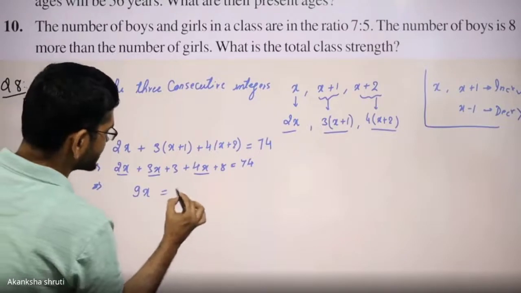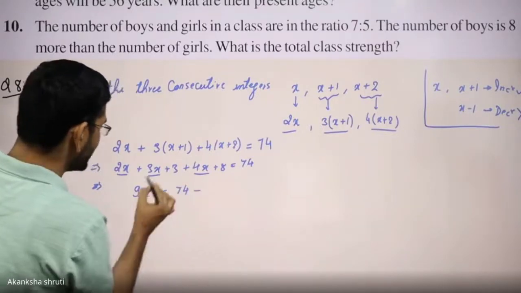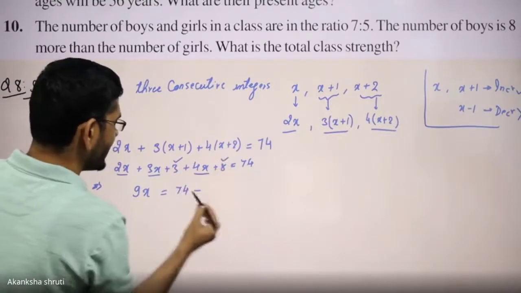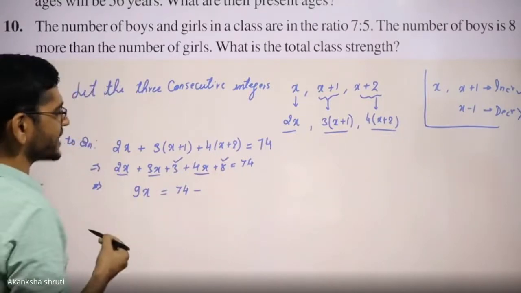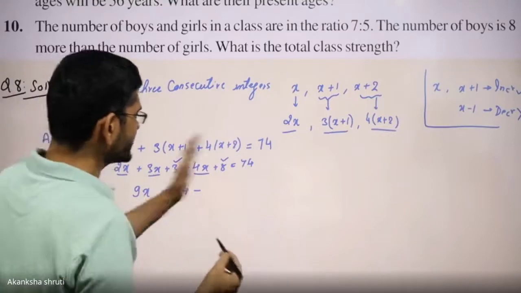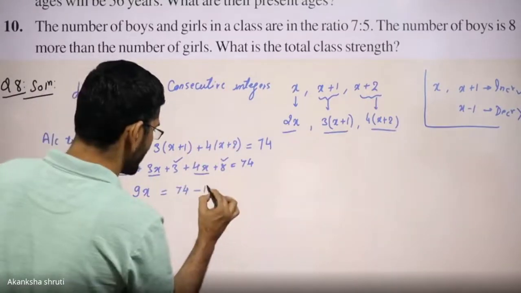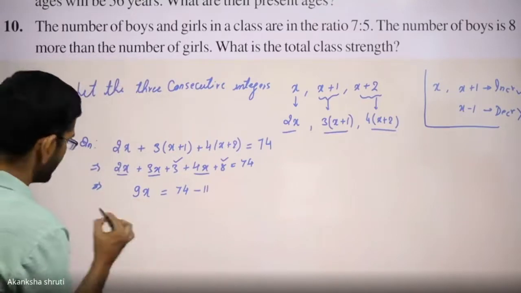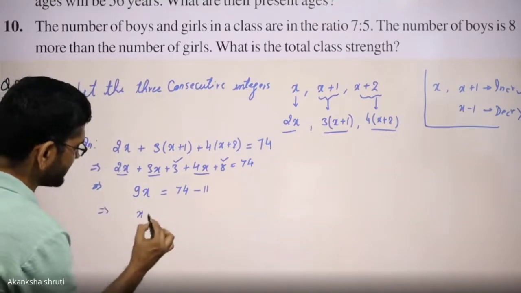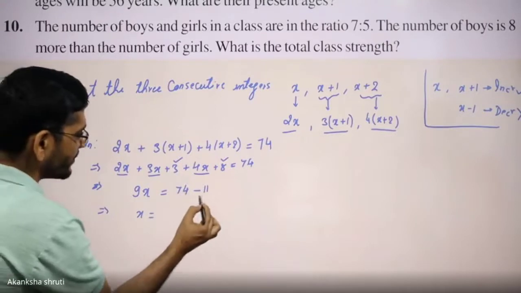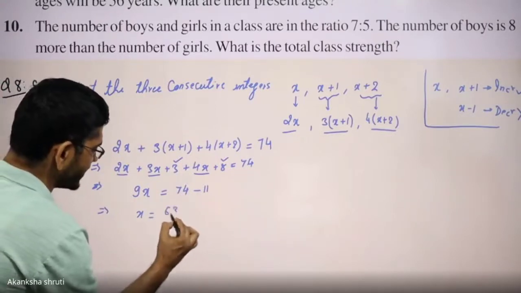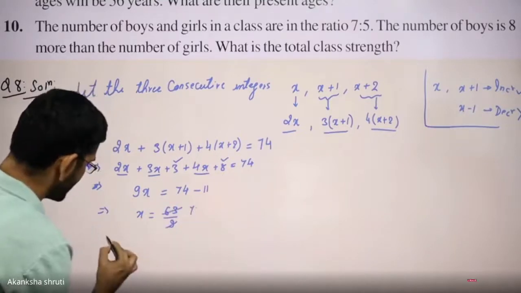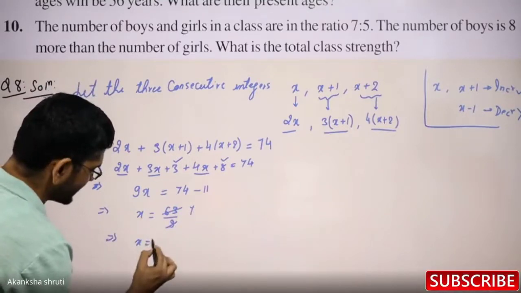And the right hand side is 74 minus this 3 plus 8, that is 11. So 9x equals 74 minus 11, which is 63, divided by 9, 7 times. So this implies x is 7.